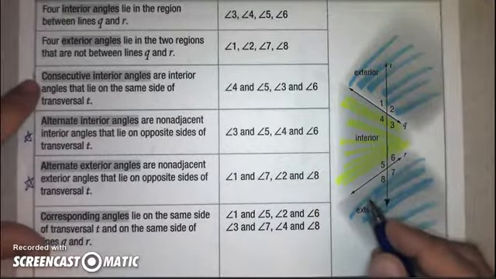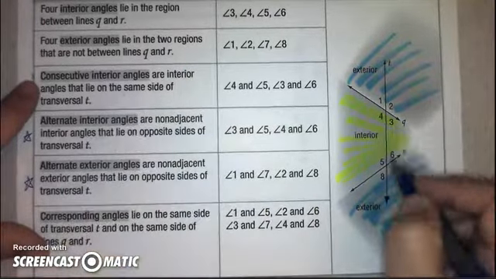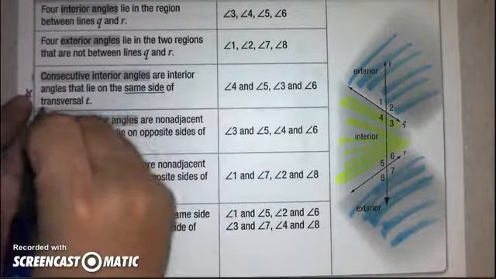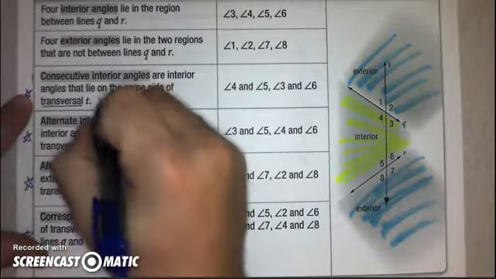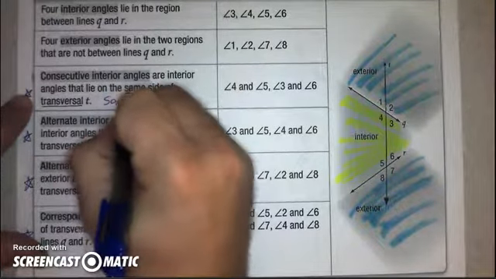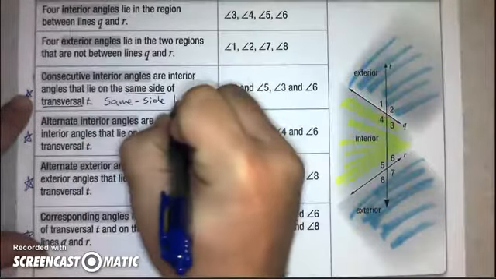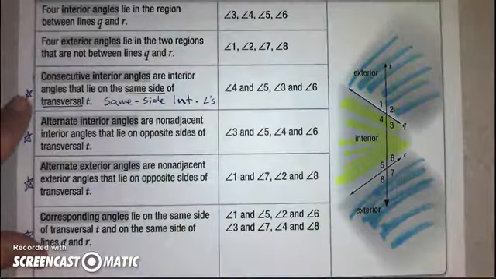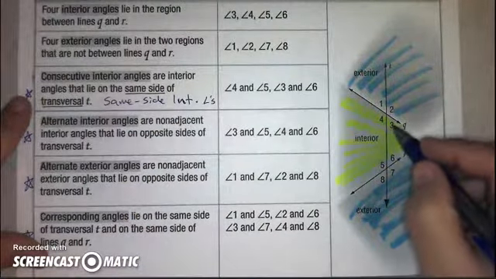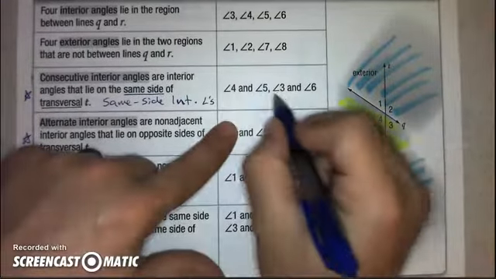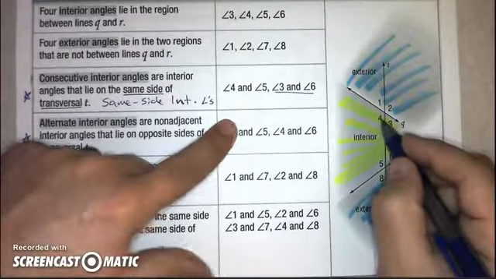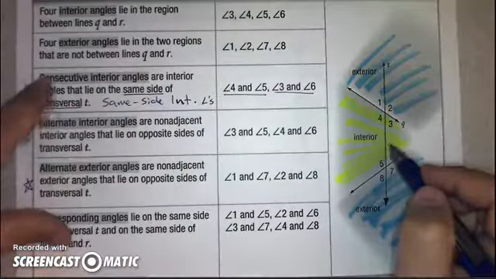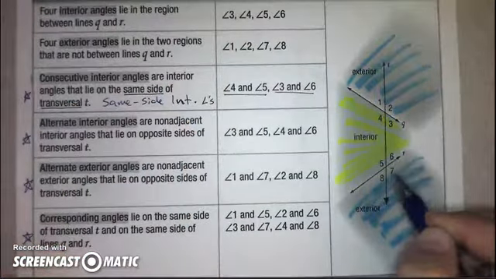So consecutive interior angles are interior angles that lie on the same side of the transversal. You might also call these same side interior angles. So those would be pairs like 3 and 6 or 4 and 5. Those are the only two pairs of consecutive interior angles that I have.